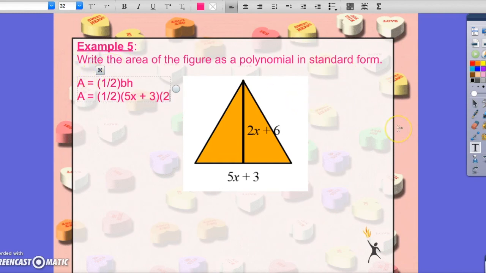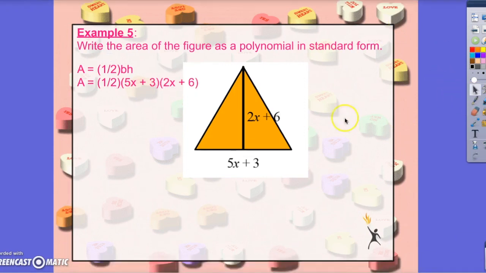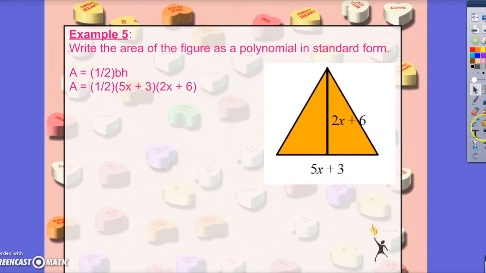And then the height is 2x plus 6. Let me move this picture over a little bit. So, what's our plan of action for solving? I would deal with the one half at the end because I don't want to deal with decimals or fractions from the beginning.